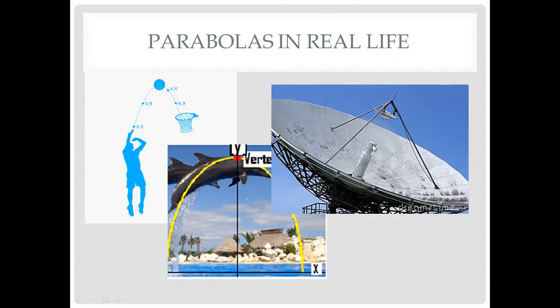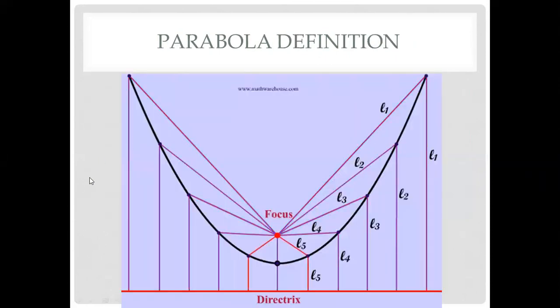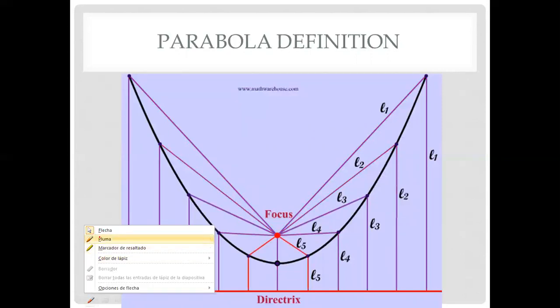And this focus returns the signal again to the plate, which receives and captures that signal. That's how the internet goes to your house or how the signals work for flights. Okay, so here's a little description of the parabola.